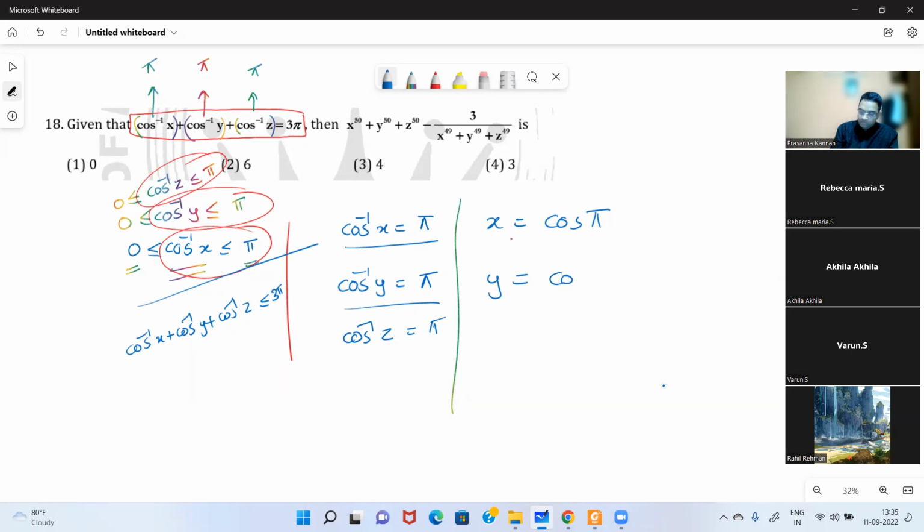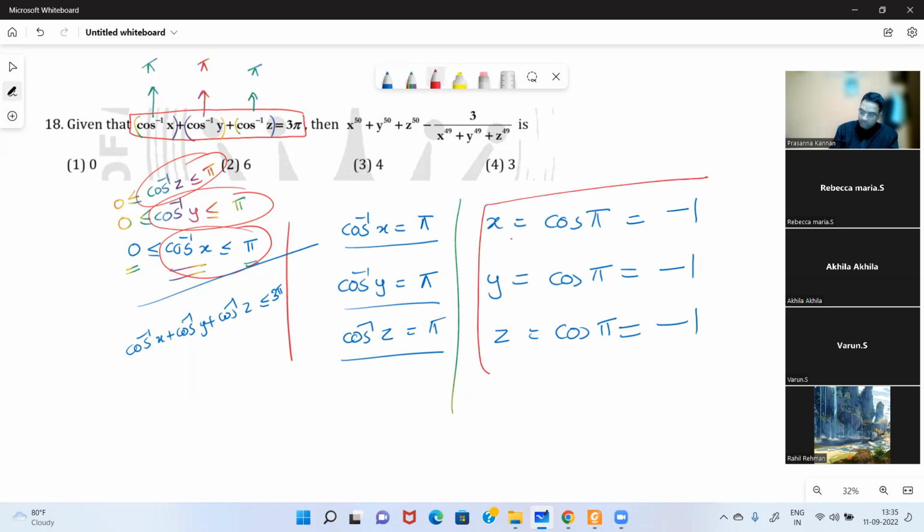Therefore, y is equal to cos pi. Cos inverse z is pi. Therefore, z is equal to cos pi. What is cos pi? -1. That's all. Therefore, you can now see what is going to be the answer here, right? So what is x? x is -1.